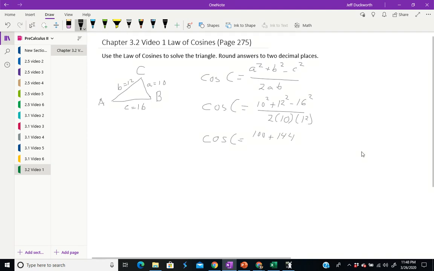All right, so minus 256. And the denominator, we have 2 times 12 is 24, multiplied by 10 gets us 240.